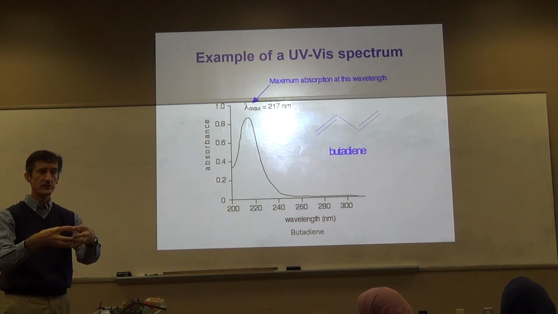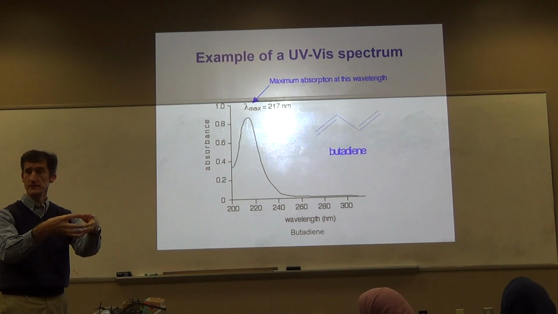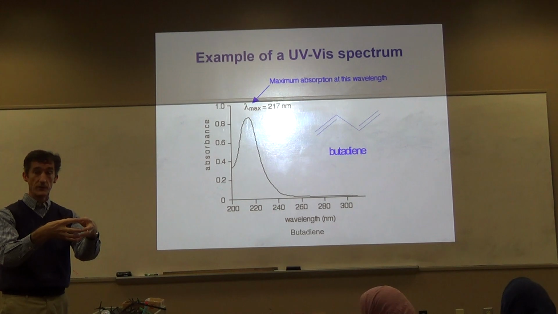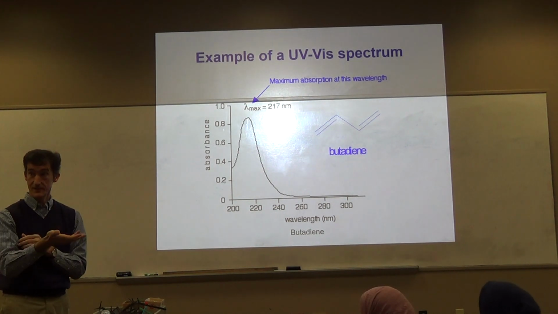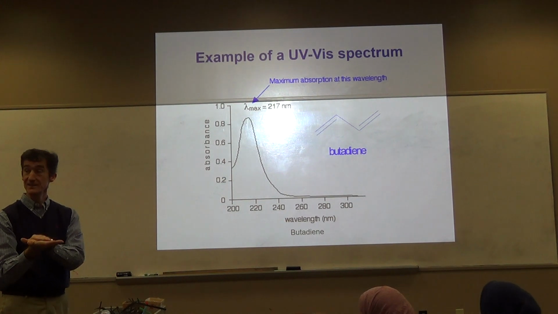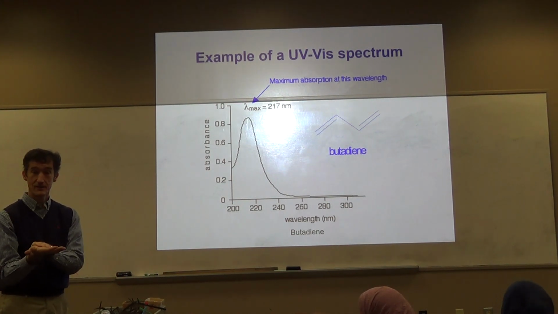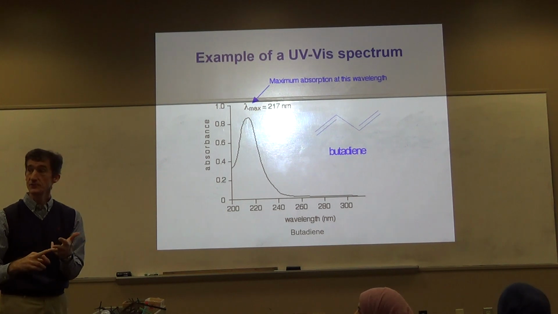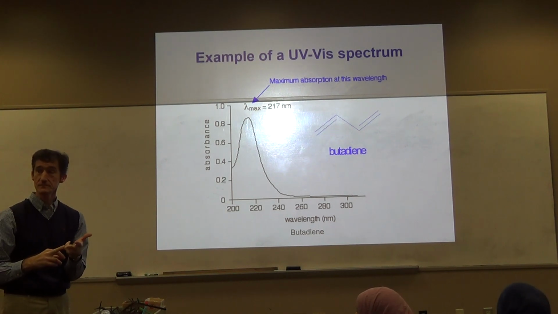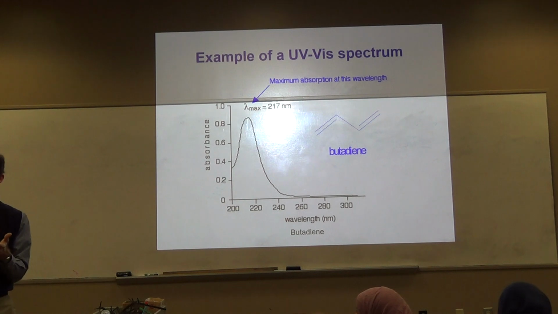When you run a background, the instrument is run with nothing up there. Well, there's no compound up there. But what is up there around the eye of the IR when it's clean? Air. And what's in air? Oxygen, nitrogen, CO2, and all those things will give peaks in the IR.